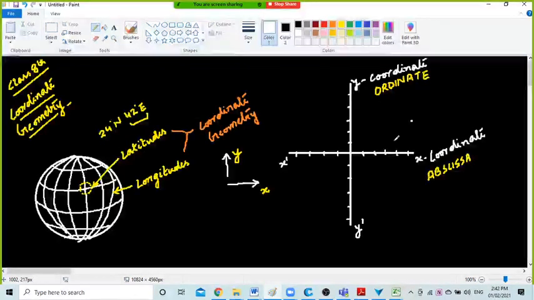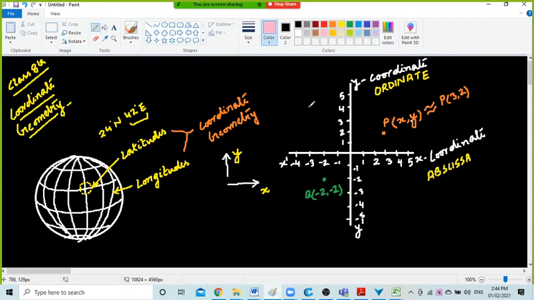In the same manner, let's say we put some point over here, this is R. On the x-axis the value is -3, on the y-axis the value is 4, right? In the same fashion, over here this is S. On the x-axis it is 4, on the y-axis it is -3, right?